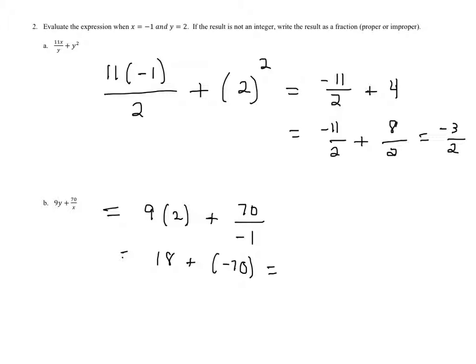And 18, if I add to it a negative 70, will be a negative 52, because I owe you $70 and I give you 18, so I still owe you $52.